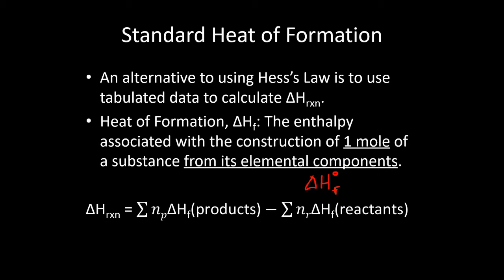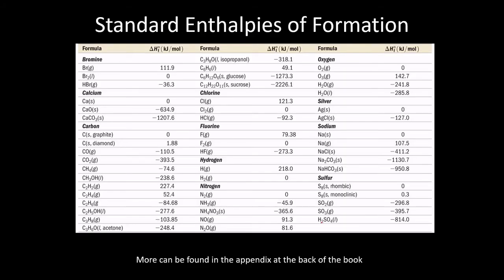Then we subtract the values for the reactants times their coefficients, added all together. So it is the sum of the products minus the sum of the reactants.